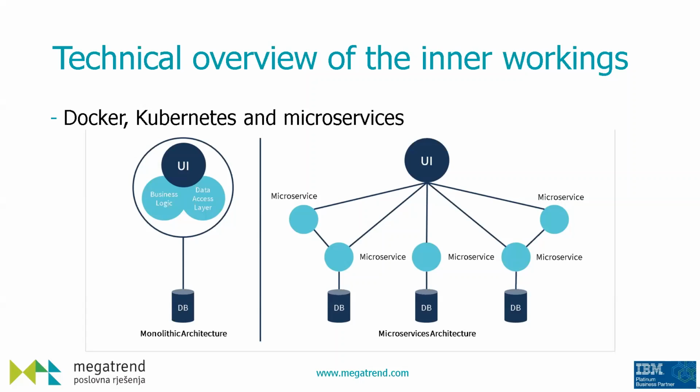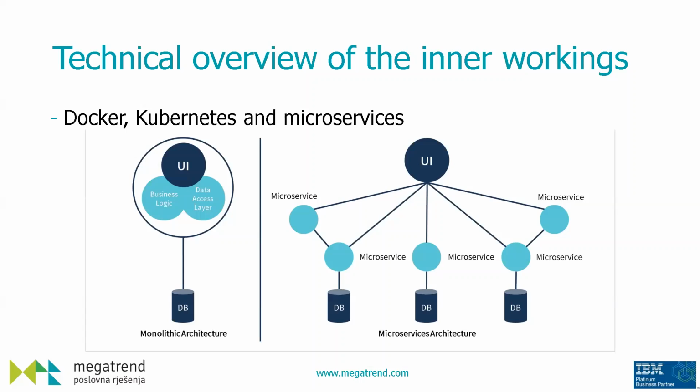So focusing on the horizontal design and treating every instance of the application as a separate service. That can be called treating the applications as cattle, not as a pet.